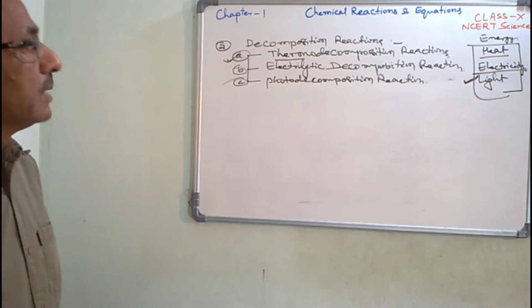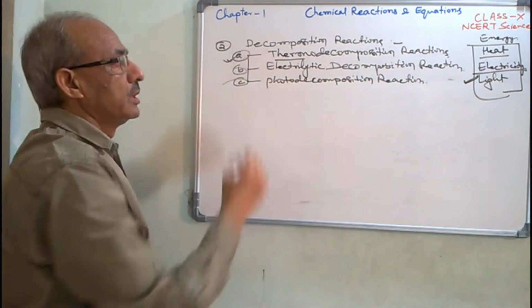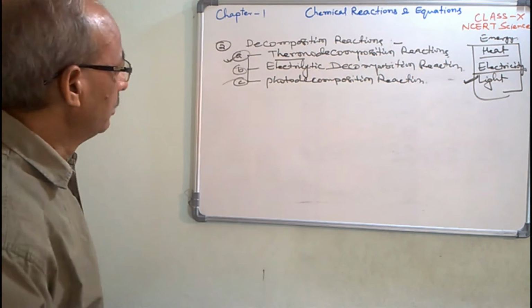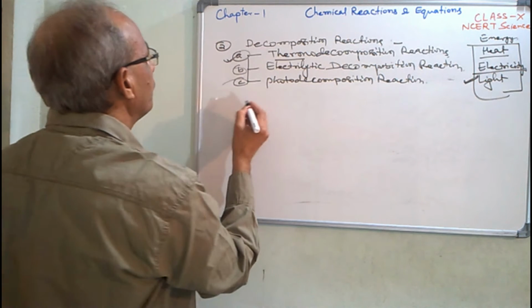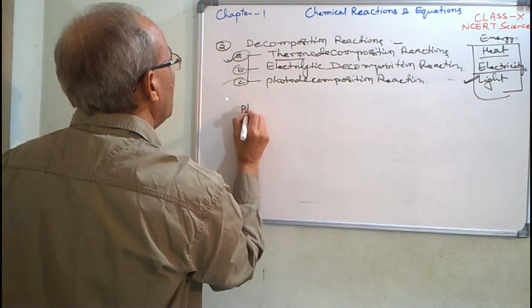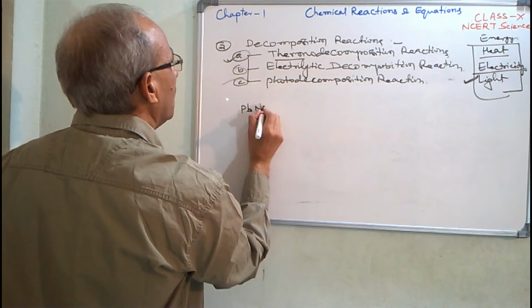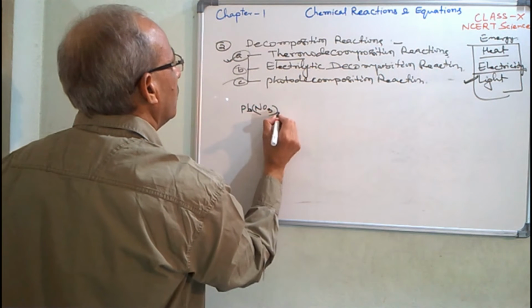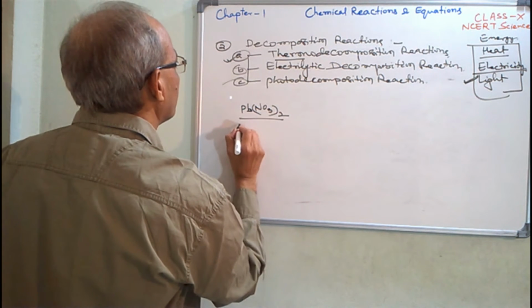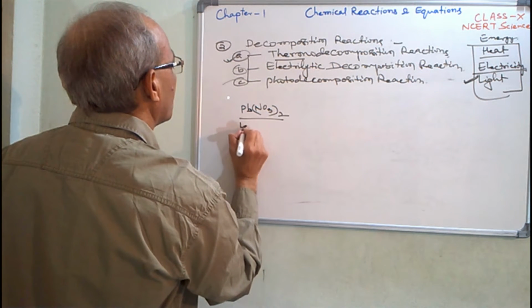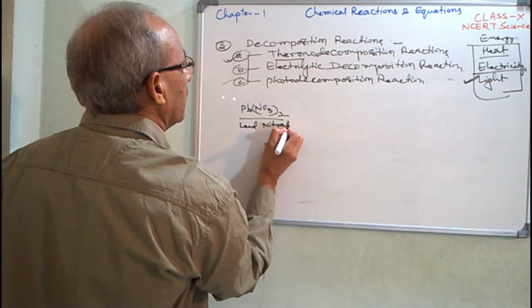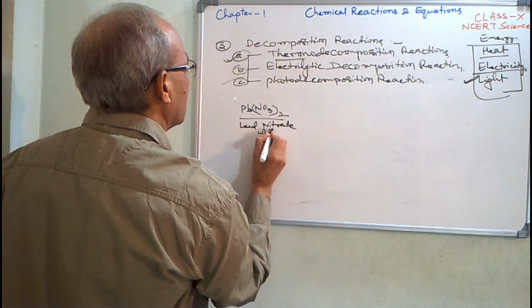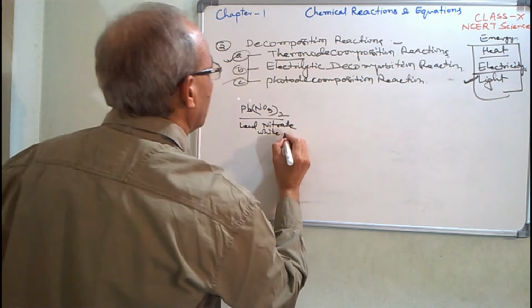One more example of thermal decomposition reaction we will discuss now. Pb(NO3)2. This is lead nitrate. It is white in color.